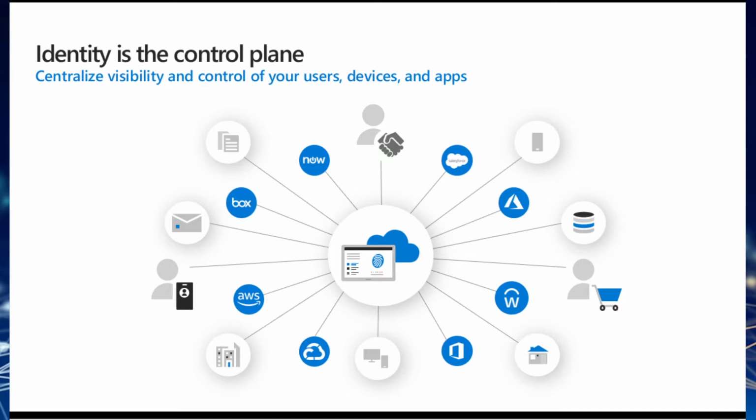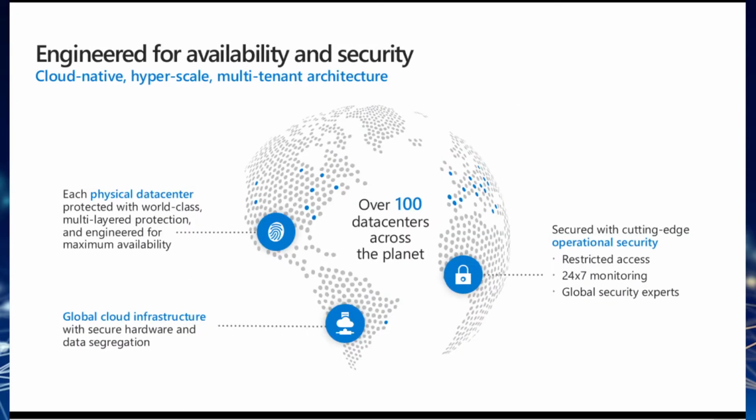So Microsoft Azure AD is a universal identity platform that helps you manage and secure all your users and access to all your applications. Service reliability and availability is one of the top considerations for our customers and for us as well, in choosing an identity and access management solution. With Azure AD being the largest enterprise cloud identity service, reliability and security of our service is, of course, a top priority.